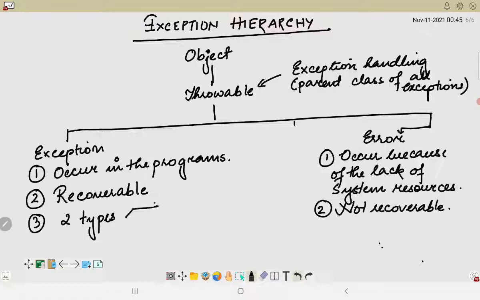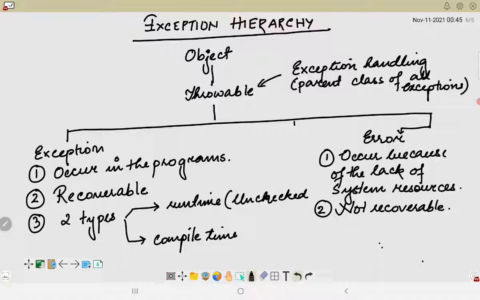And the third important point is that exceptions are basically of two types. These two types are runtime and compile time exceptions. Runtime exceptions are also known as unchecked exceptions. We will also talk about checked and unchecked exceptions. And compile time exceptions are basically the checked exceptions.